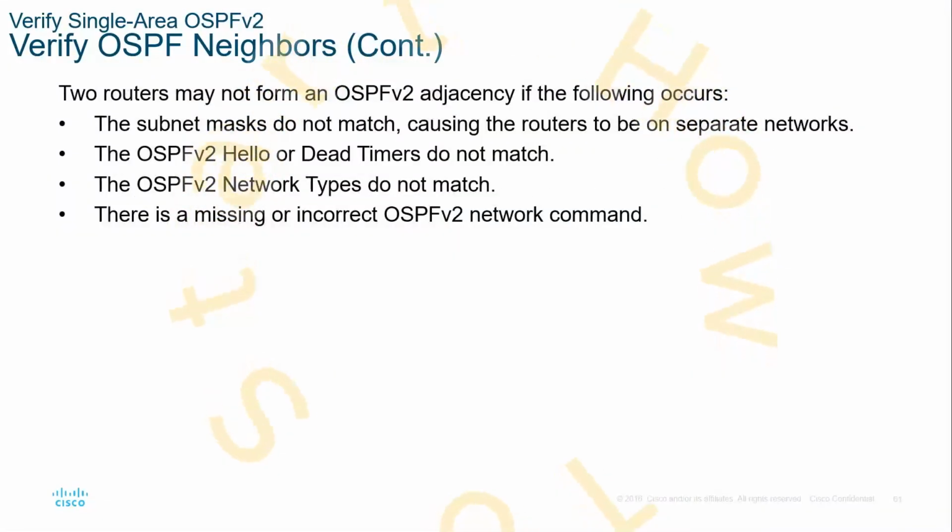If 2 routers do not form an adjacency, it could be a wrong subnet, it could be mismatched hello and dead timers, maybe the network types don't match, or incorrect OSPF network commands. So we need to be able to understand how to fix those.